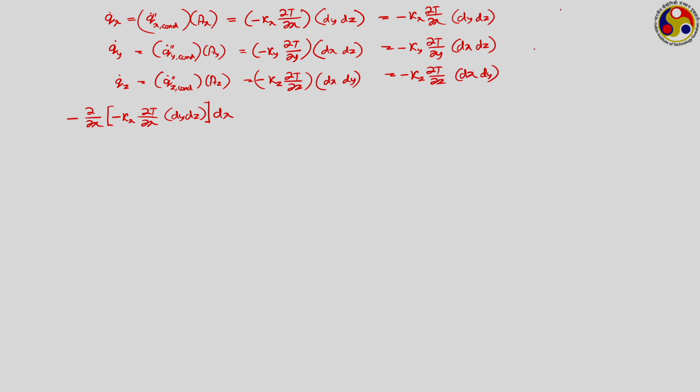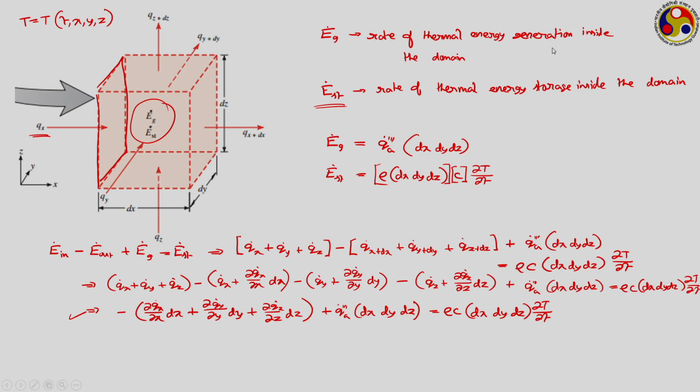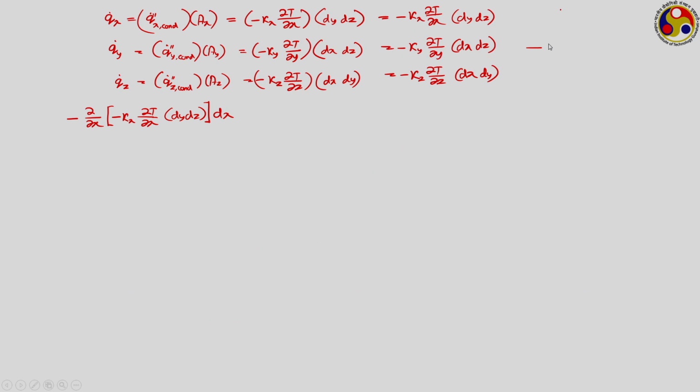The second term we have to put in. Look at what we have: minus of dou q dot y dou y dy. So, we have to put it in as minus dou y of q dot y dy.